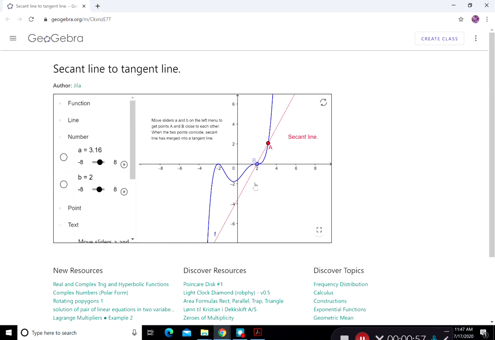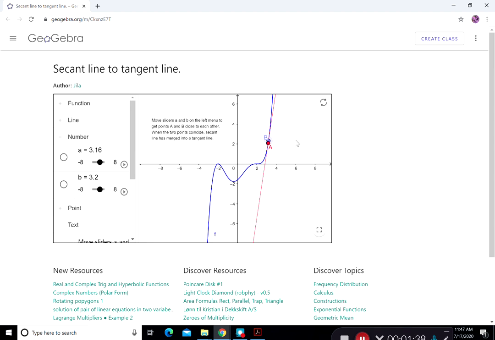So what we discussed in 2.1 about the limit in short is that when the distance between A and B decreases, the secant line between A and B on the graph gets closer and closer to something that we call the tangent line. That's what happens when A and B are infinitesimally close, and so the slope of the tangent line becomes the limit of the slope of the secant line.